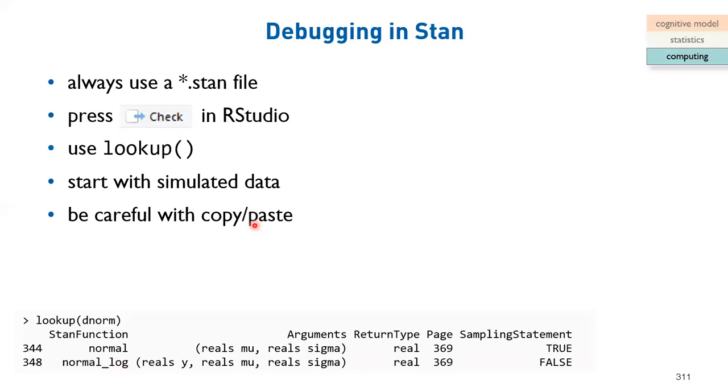And the last tip is be careful with copy-paste. So always be careful with copy-paste when you are programming. Particularly because if we want to record the log likelihood variable, we have to use the generated quantities block at the very end, if you recall what I'm saying.